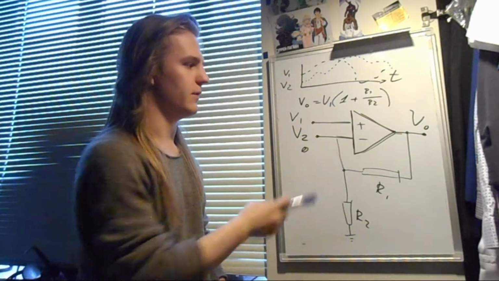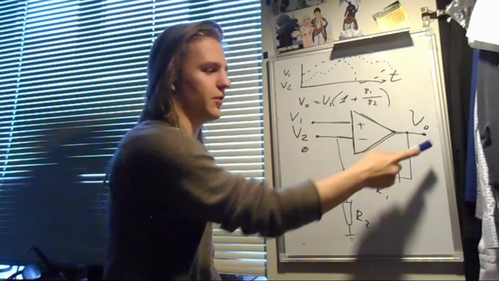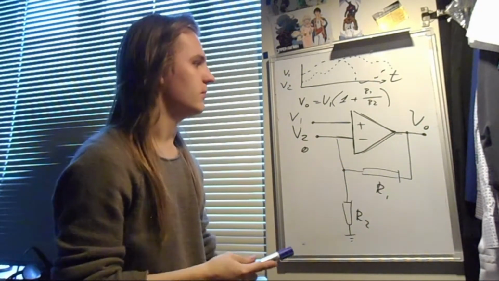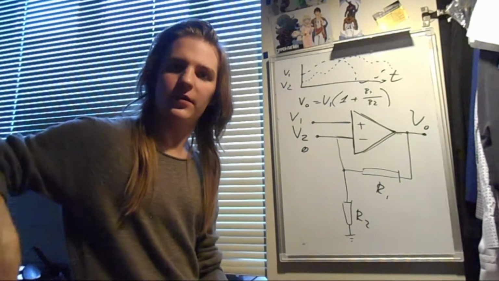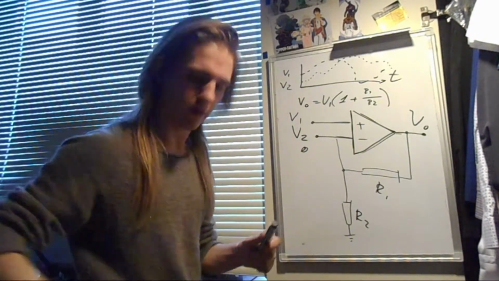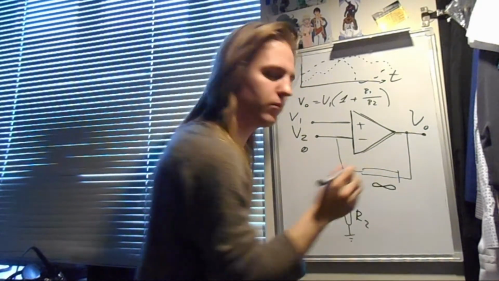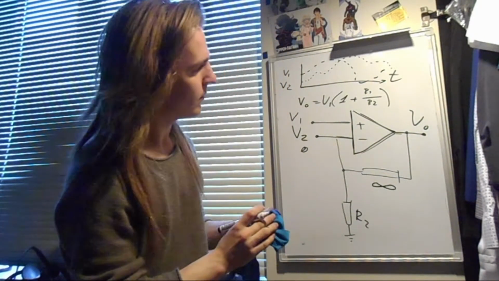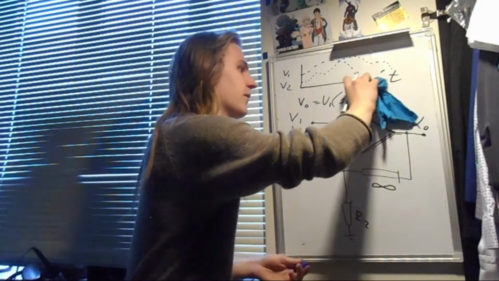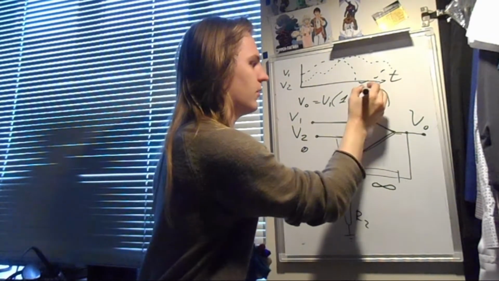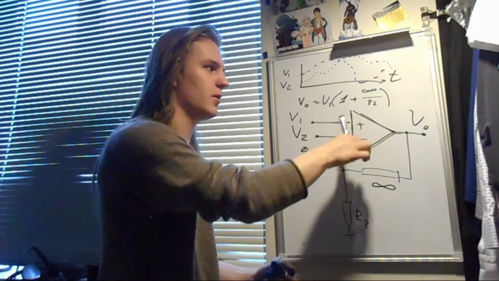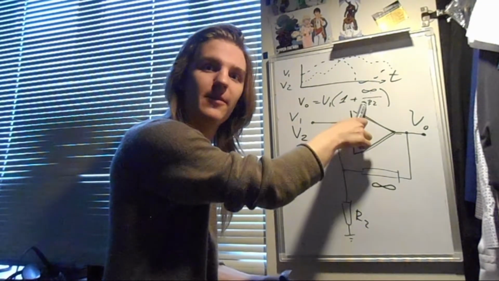If we had 1 volt here, we'd have 2 volts here if these guys were equal. But if we simply increase the resistance of R1 to infinity, we will get infinity right there, which means we will get an infinite amplification.